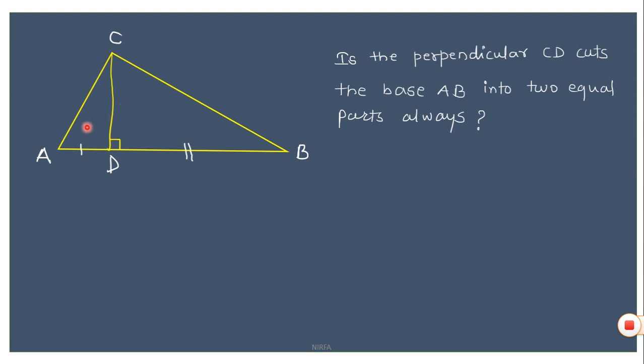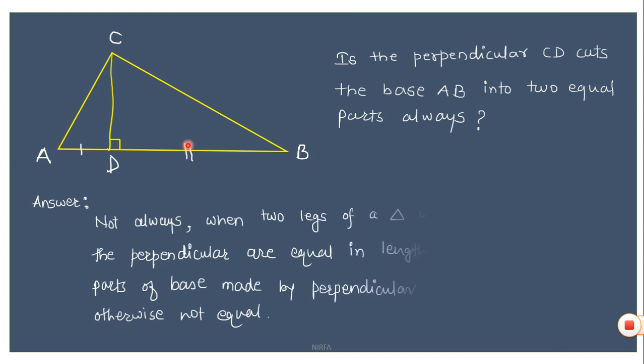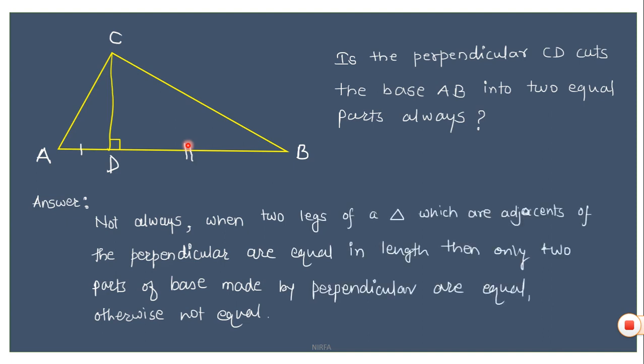If you see this figure carefully, AD and DB are not both equal. That means what should be the answer of this question? Not always. The perpendicular will not cut the base into two equal parts.